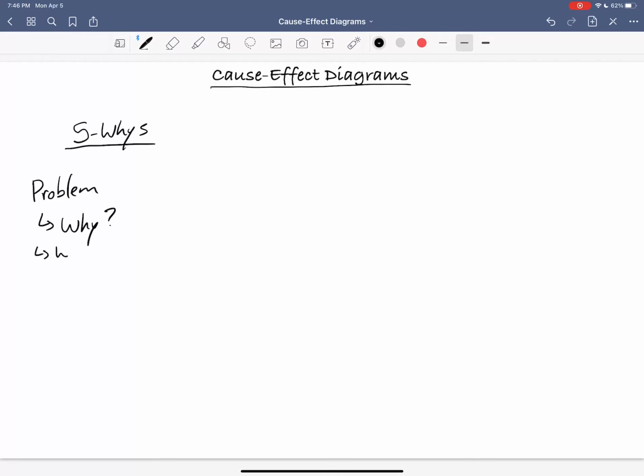And this gets repeated 5 times. Through each question, you get to a new layer of understanding of where the problem was coming from, and at the end of this process, maybe the key root cause.